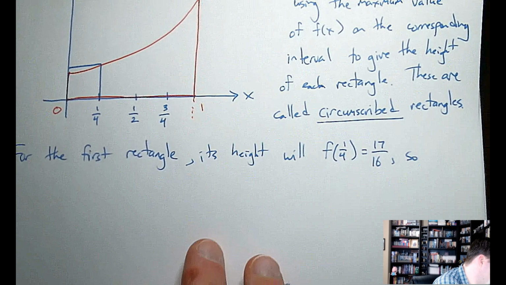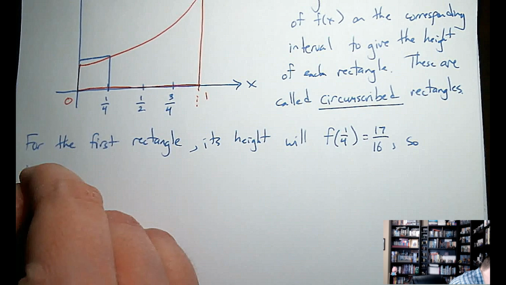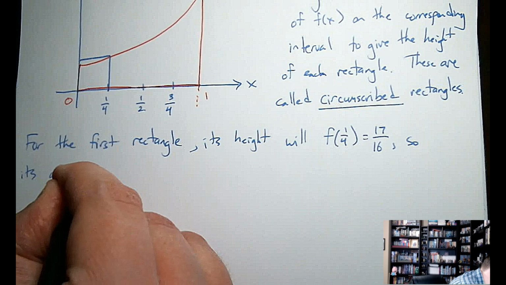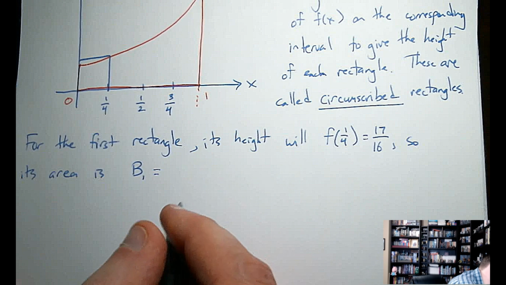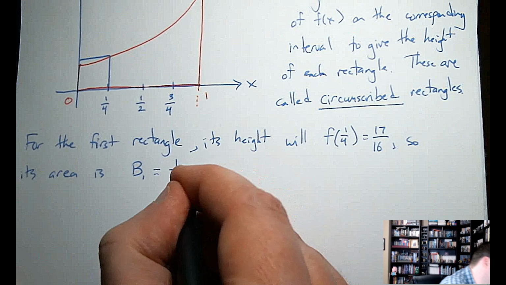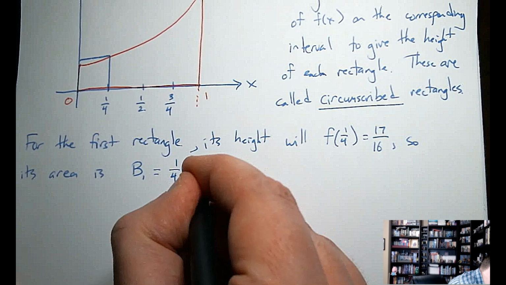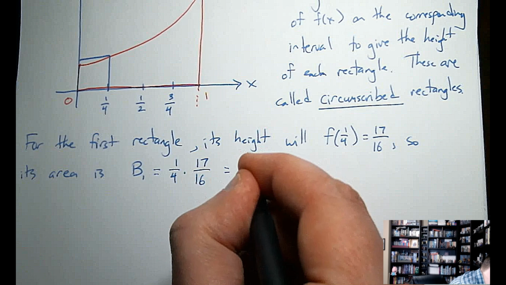So its area, let's call it B1 this time. Well, these are all still rectangles of width 1/4, but now a different height, 17 over 16. So that's 17 over 64.